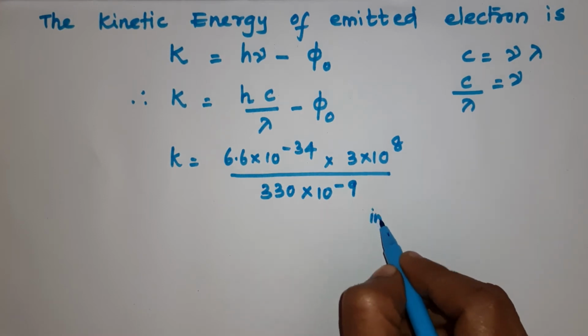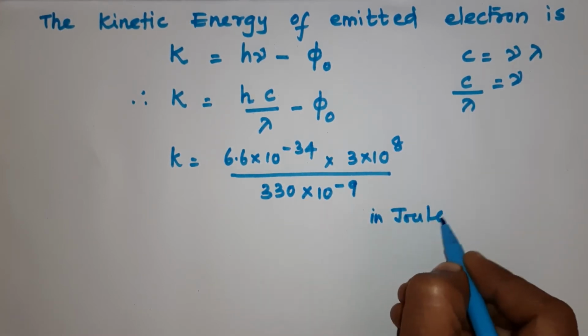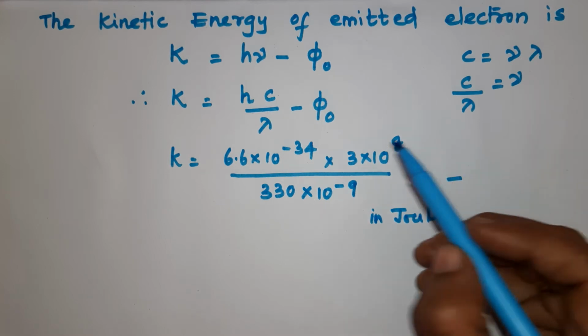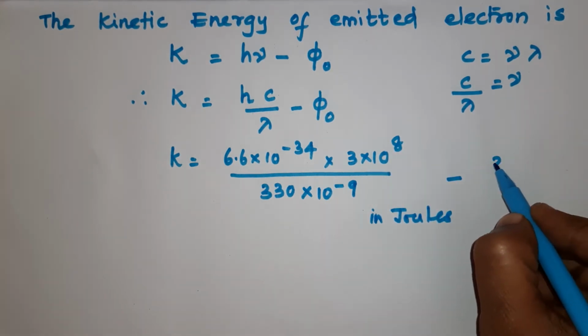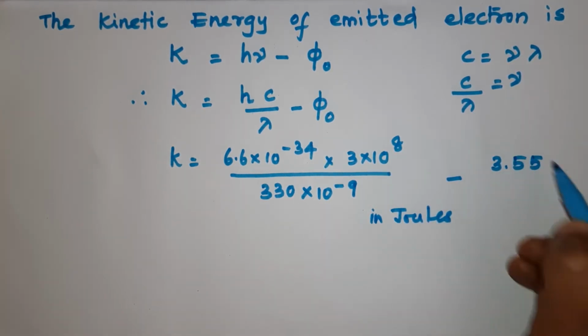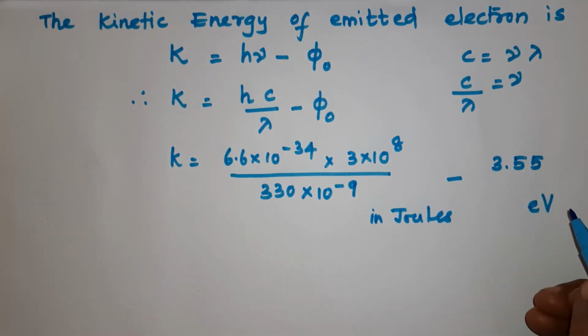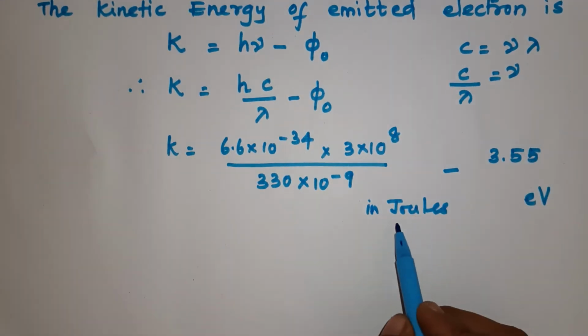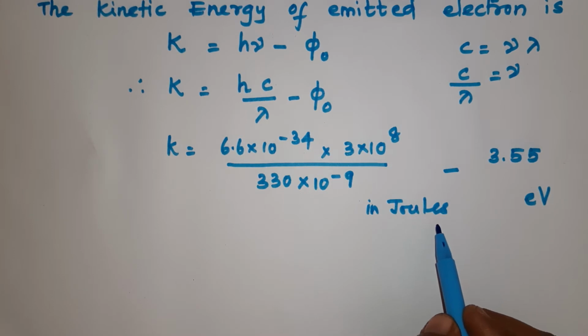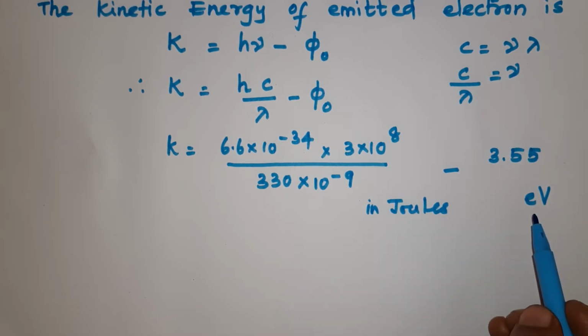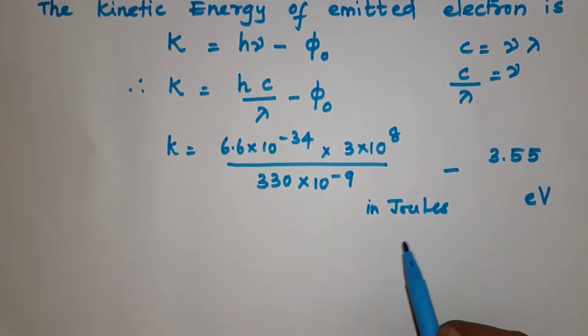This is in terms of joules, minus the work function value given to be 3.55 electron volt. We have to now convert this joules into electron volt, so both will be in the same form.